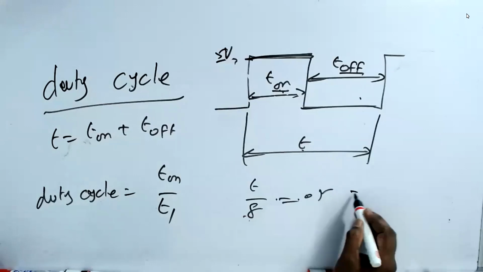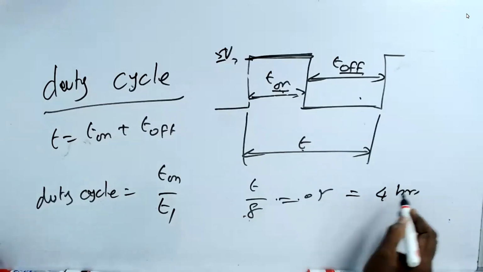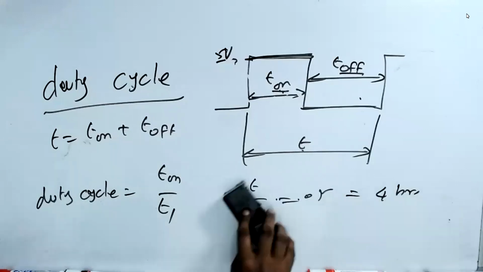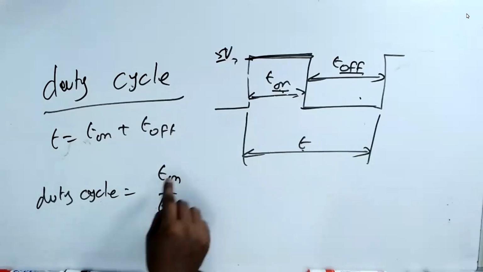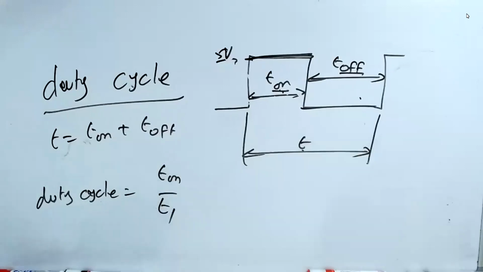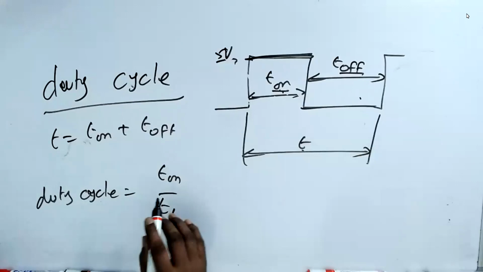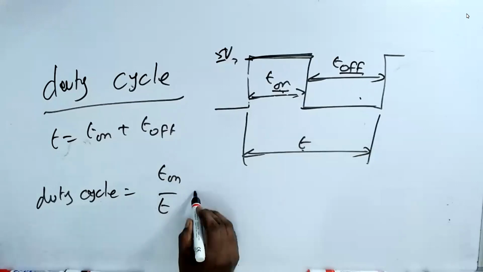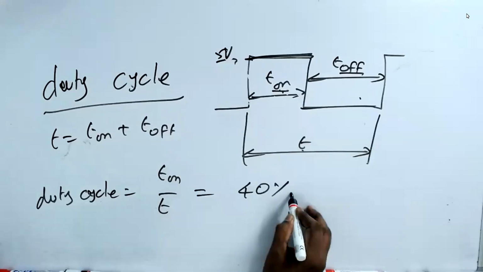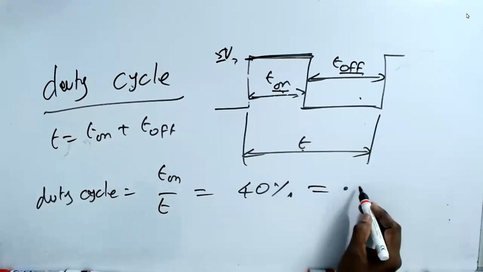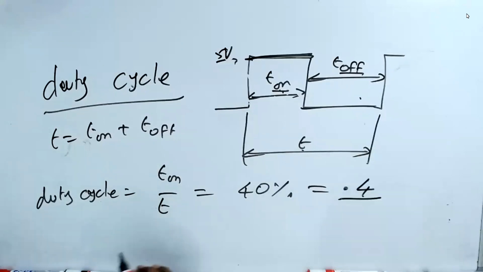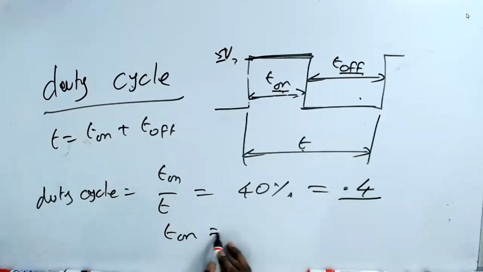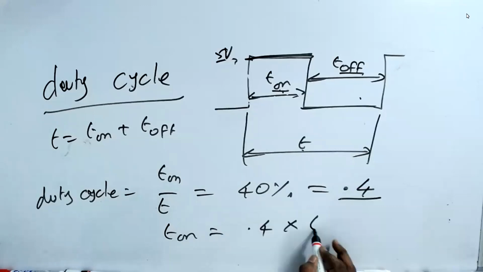Now let us come to this question. So duty cycle is T on by T. I said it is equal to 40%, equal to 0.4. So T on is equal to 0.4 into T. Now you have to find T. How do you find T?